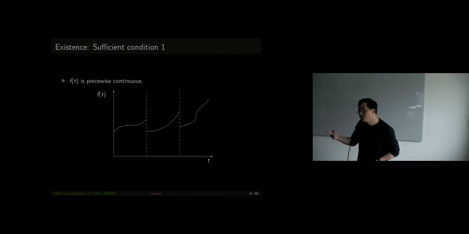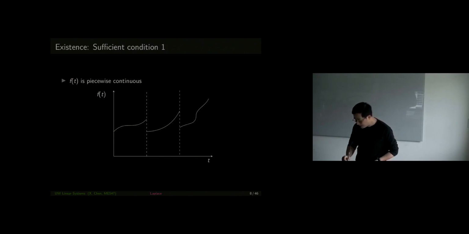There are just two sufficient conditions that we see very commonly for realistic, real-world signals. The first sufficient condition is that the signal be piecewise continuous. It can have jumps, but it has to be piecewise continuous in each interval that we can break it down into. So the example on the screen is a piecewise continuous function.